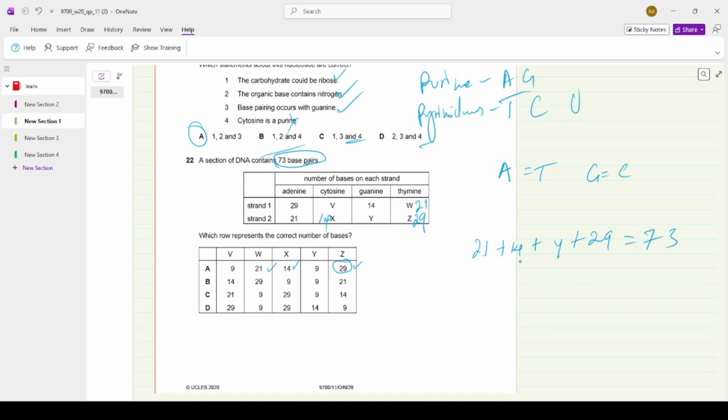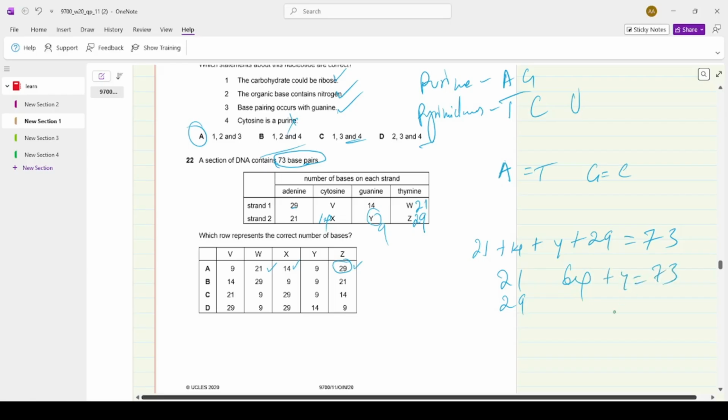So if we are to do mathematics, we shall find that y is exactly 9, because 21 plus 29, that is 50, plus 14, that is 64, then plus y is equal to 73, so your y will be equal to 9.